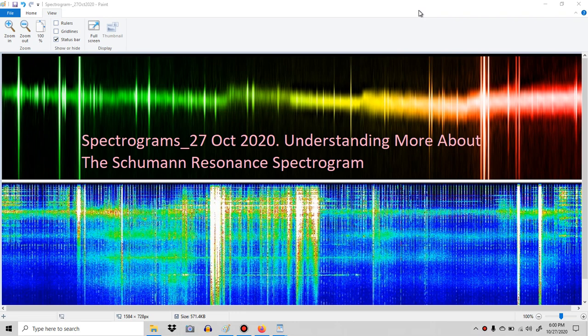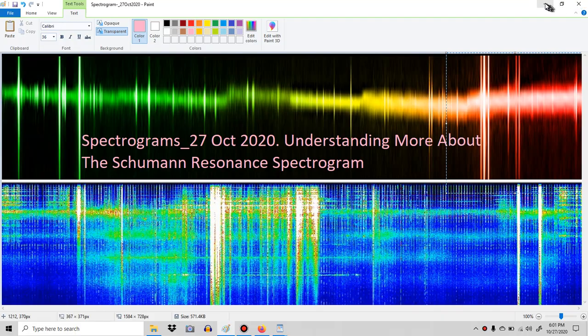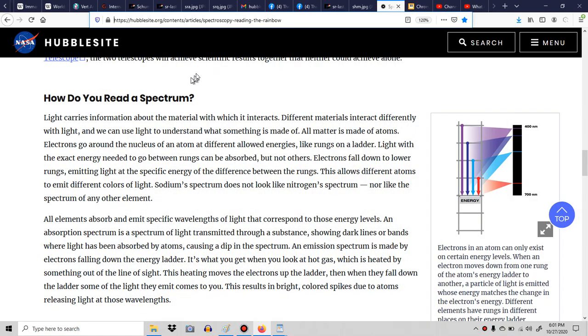There's a band of light, but it is at the radio frequency, and that's where the Schumann frequencies are tuned in. This is an important discussion to have as we're talking about a spectrograph and looking at what the spectrum is.